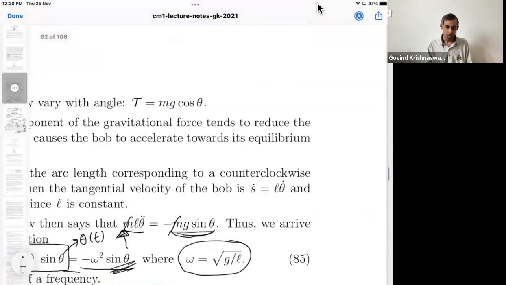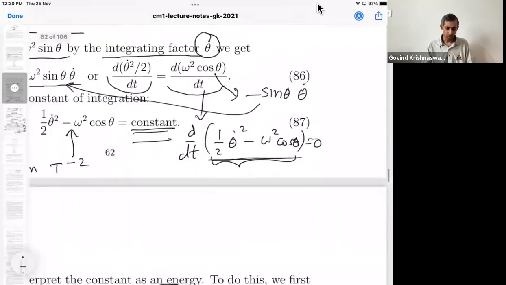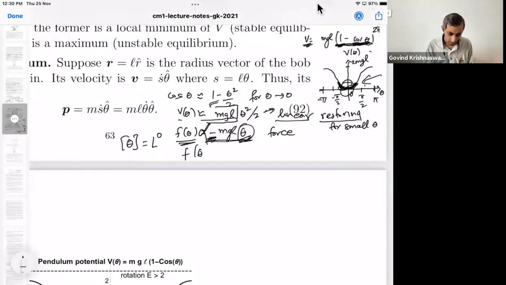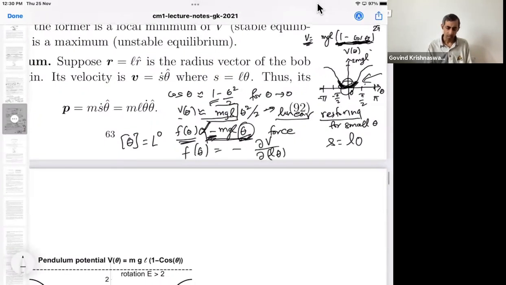So look, if you wanted to define a force, one option would have been to define the force at angle theta to be something like minus dV by d(L theta), where I'm thinking of S as L theta. S is the displacement, the arc length. And if I differentiate with respect to that, the L will go away and you will get f of theta as minus mg theta.